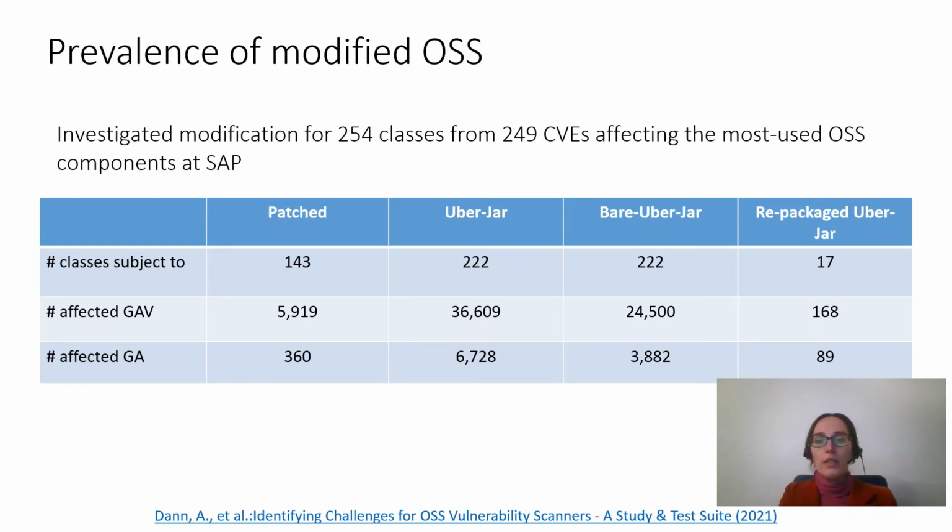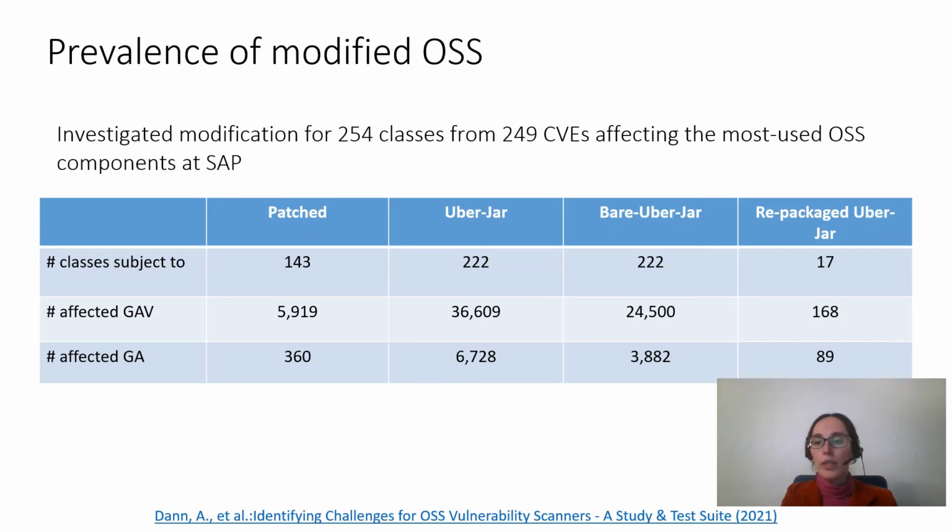And what we found is that in the components in Maven Central, which is the publicly available repository for Maven, the most common modification is Uber jar, which was found for 87% of the classes considered. And such classes were found in around 36,000 packages, belonging to 6,000 completely different Maven identifiers.